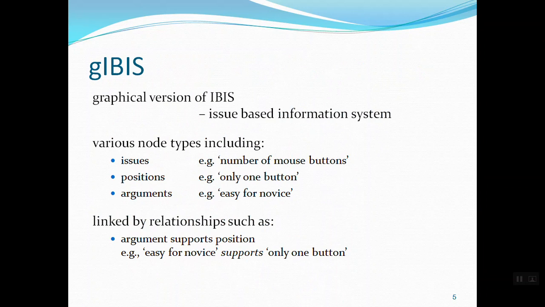One example is given here. Easy for novice supports only one button. The meaning here is that a new user or a novice could generally expect a click of one button carrying out sometimes even 2-3 tasks.